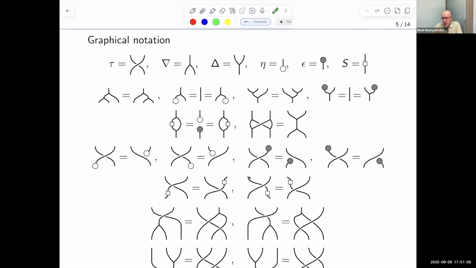For the usual Hopf algebra, instead of this braiding, you put just a simple crossing corresponding to a simple permutation of vector spaces.